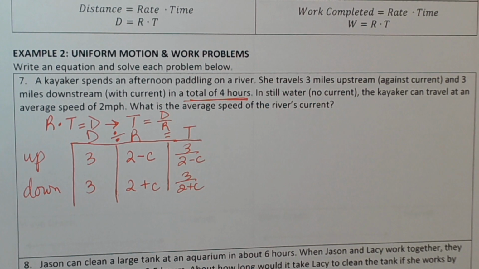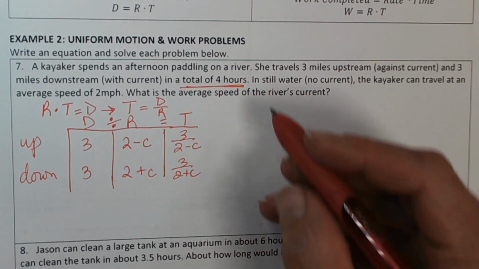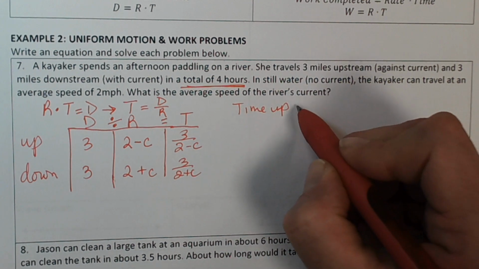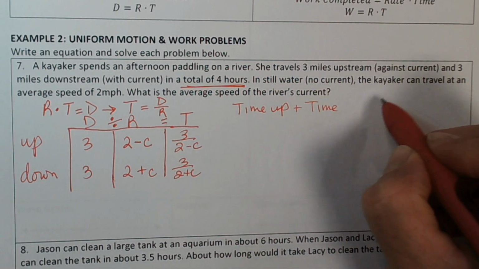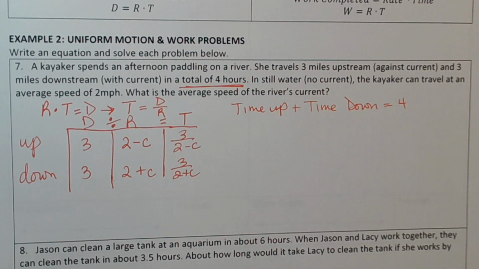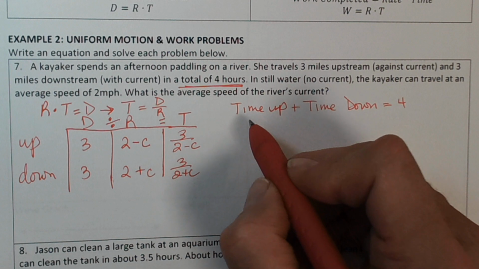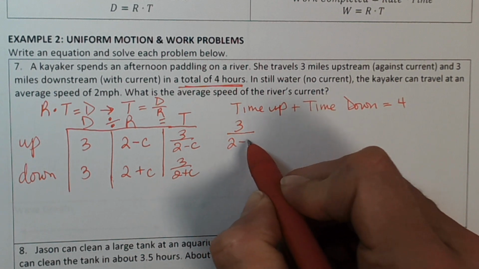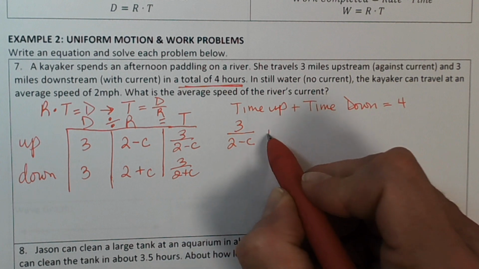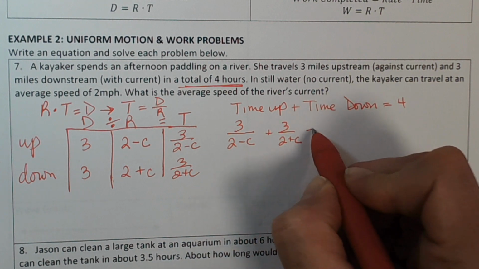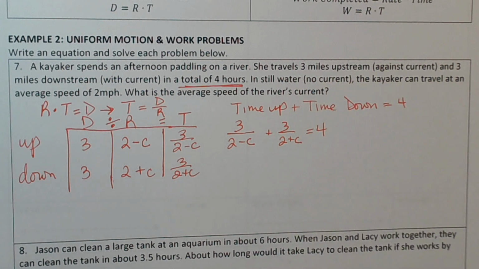We know that the time upstream plus the time downstream is equal to 4. So I have 3 over 2 minus c plus 3 over 2 plus c is equal to those 4 hours.